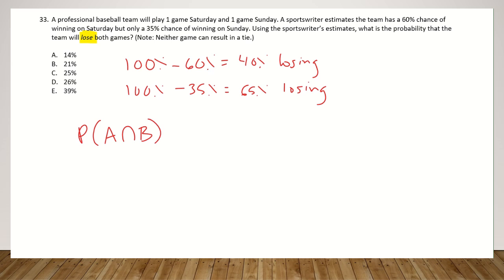And to figure that out, you multiply the probabilities. So we multiply the probability of losing on Saturday by the probability of losing on Sunday. Whenever you're multiplying or doing anything with percents, you need to change them into decimals. That's very important. Okay? Multiply those 2 numbers in a calculator, you get 0.26, which is 26%.